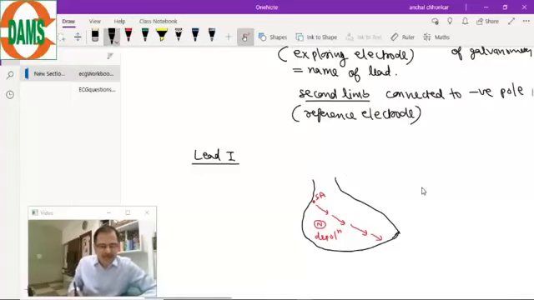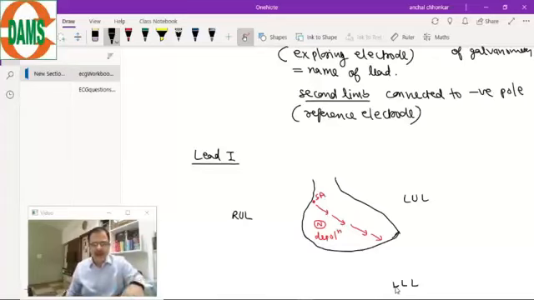Now coming to the limbs. The limb placement will be, here is right upper limb, here is left upper limb, and here is left lower leg. So heart is in the center, and we have three limbs. Right lower leg we do not use to make the combination.